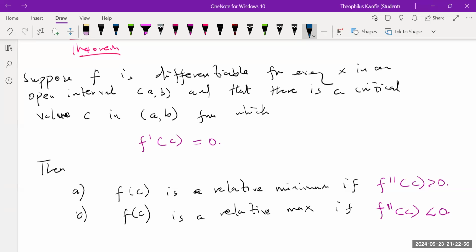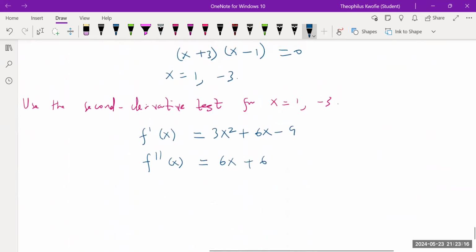That was what we said. And if it's positive, then we claim that it's a relative minimum. And if it's negative, then it is a relative maximum. So I want us to hold on to this particular theorem. All right, so we're going to use that.